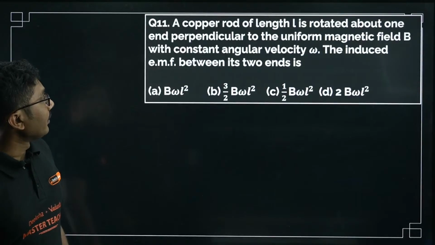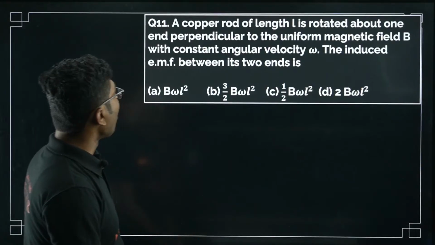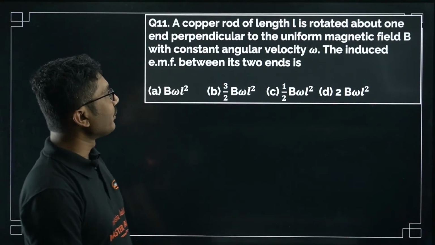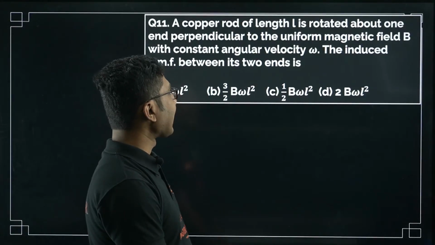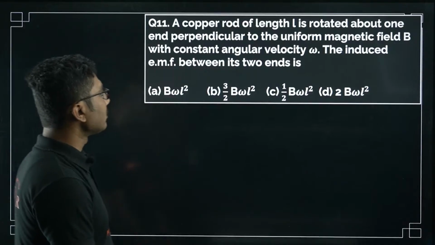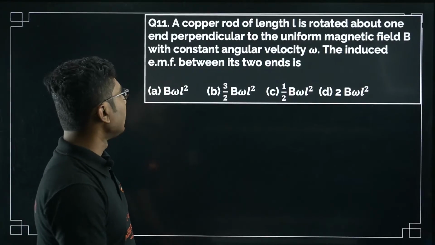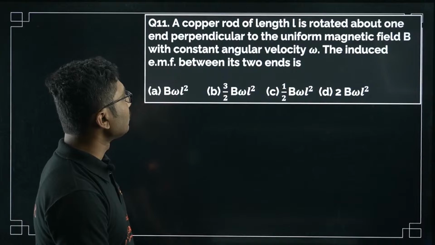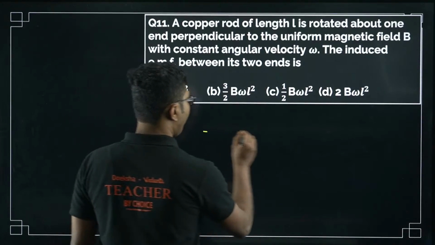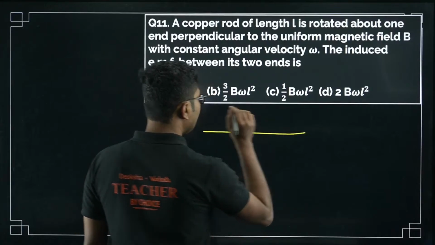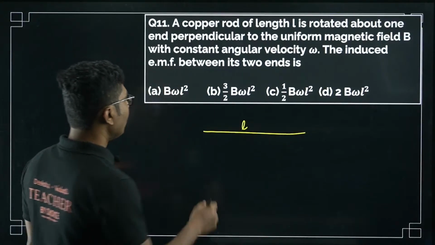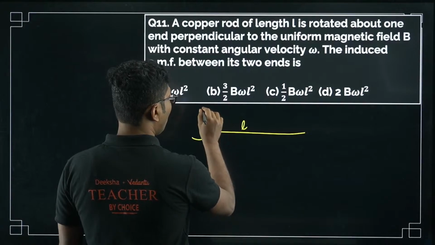Now next question. A copper rod of length L is rotated about one end perpendicular to the uniform magnetic field B with constant angular velocity omega. The induced EMF between its two ends is. So here a copper rod of length L is rotated with an angular speed omega.